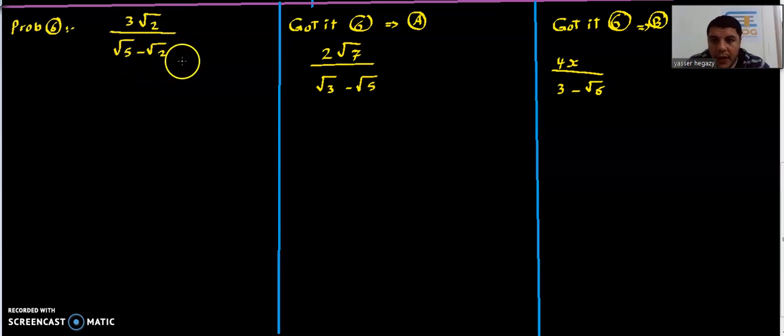The first step: you must multiply up and down by the conjugate of the denominator. So we multiply. Here I write, multiply by the conjugate.